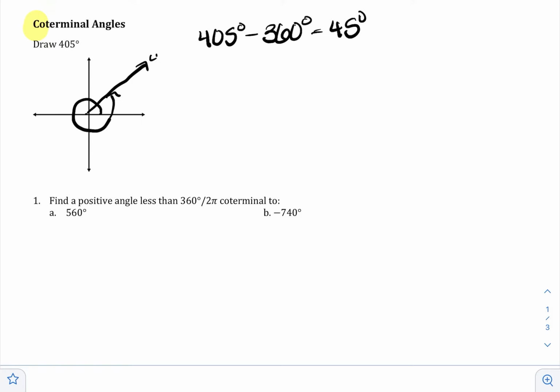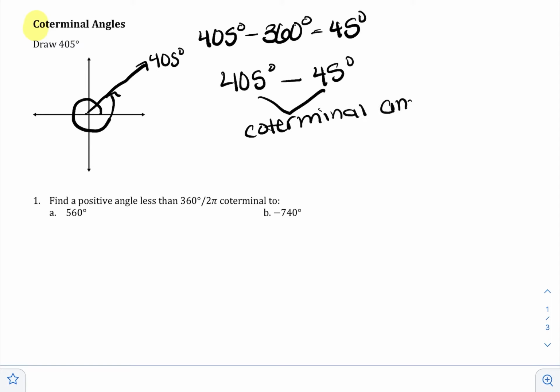So this is 405 degrees. But 405 degrees lands exactly where 45 degrees is. And these are called coterminal angles. They share the same terminal ray. They are coterminal.